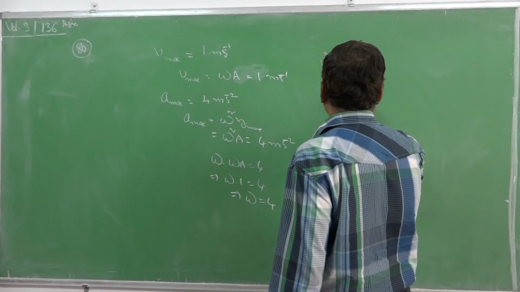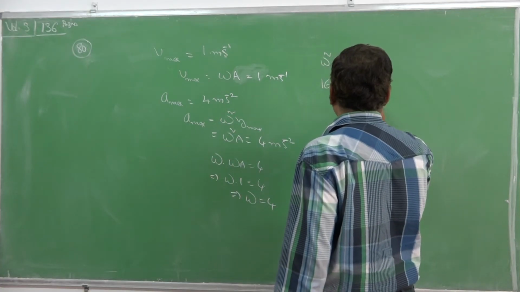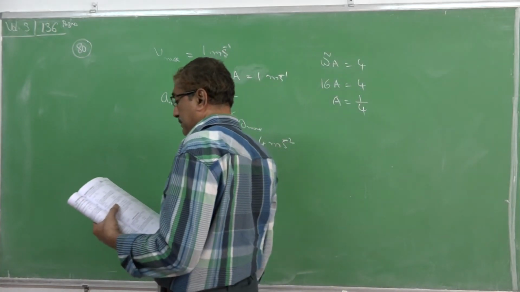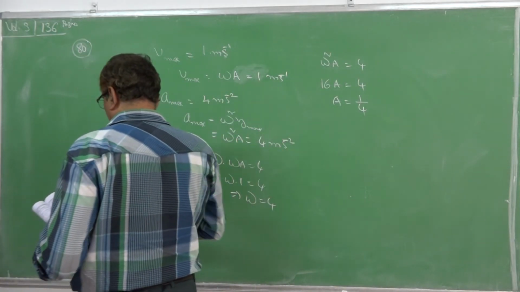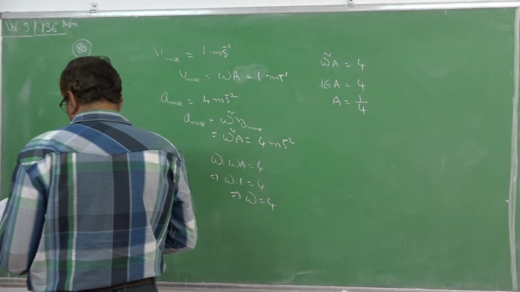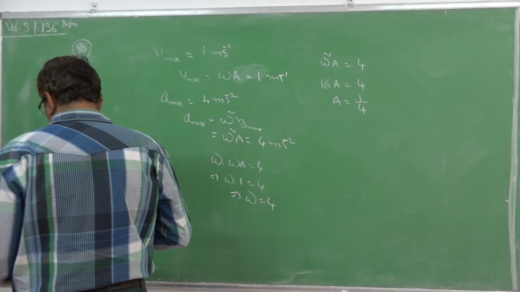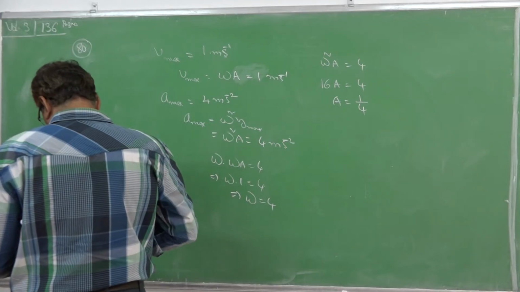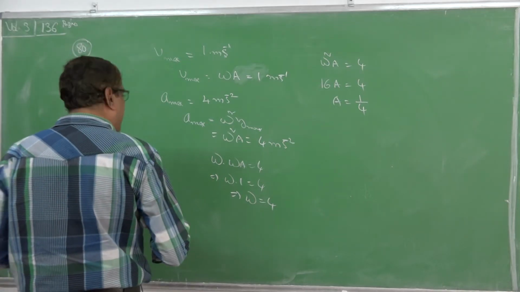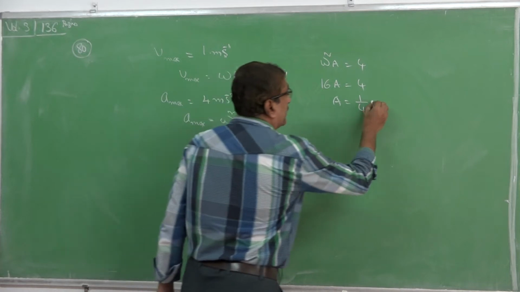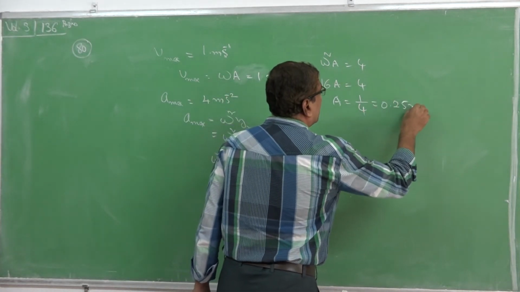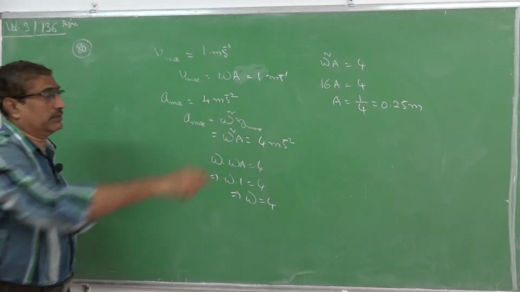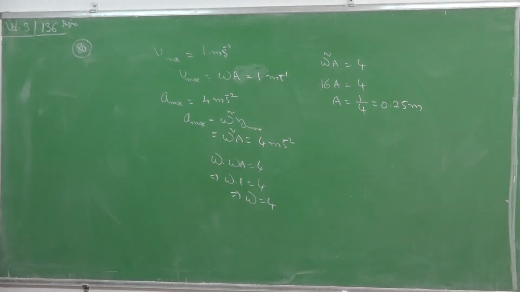So a is equal to 1 by 4, that is 0.25 meter. Because these two are given in meter, the answer is in meter.